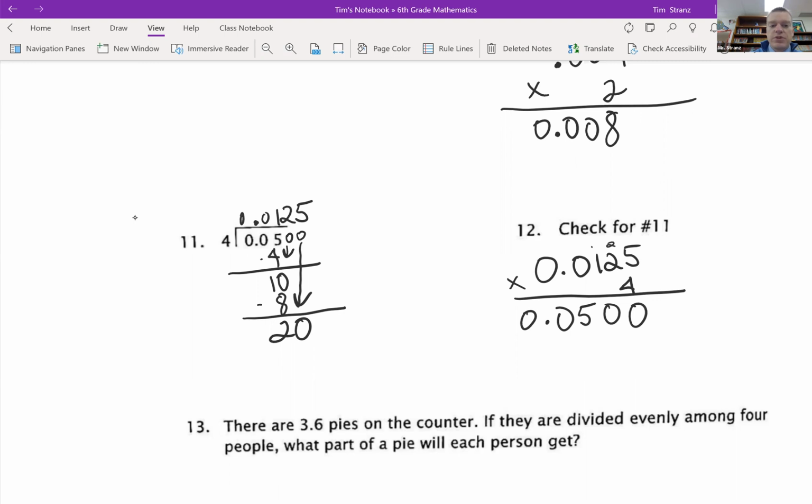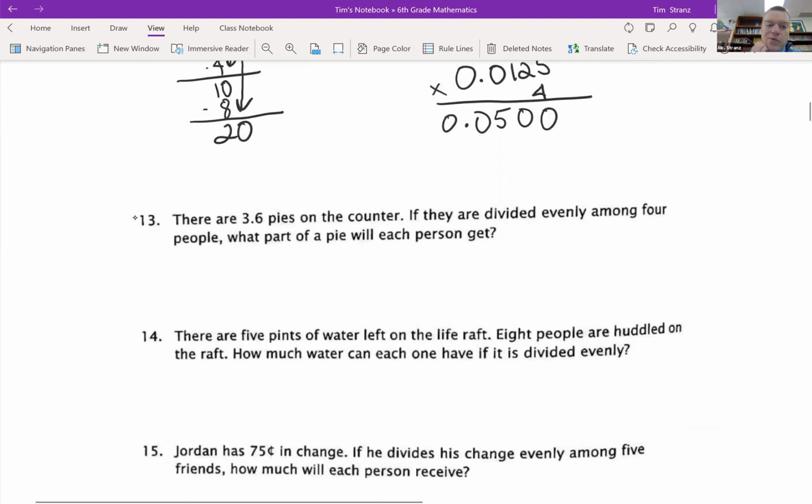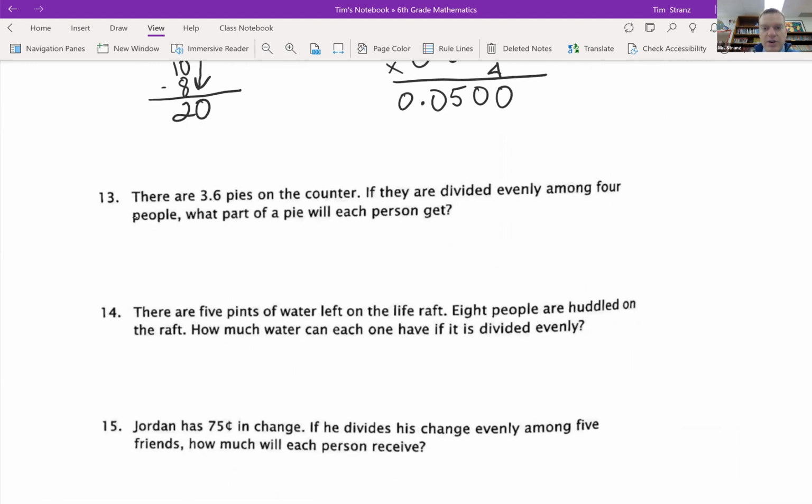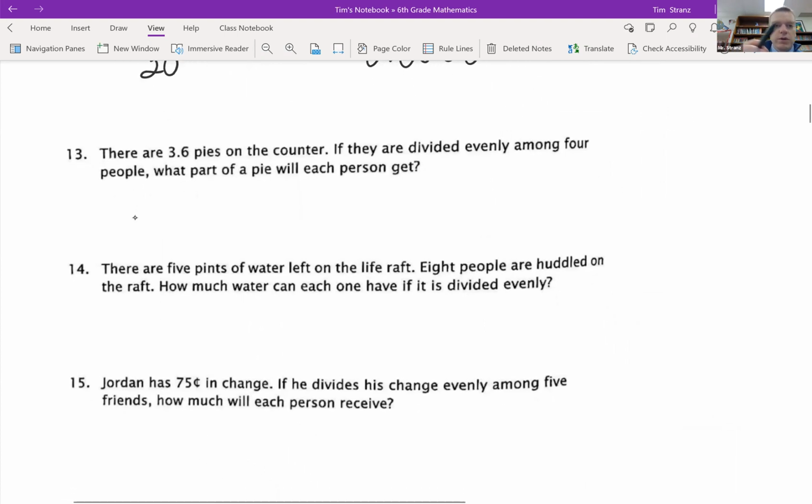All right, then number 13. There are 3.6 pies on the counter. If they are divided evenly among 4 people, what part of the pie will each person get? Okay, so let's imagine, I'm going to do my best to draw pies.